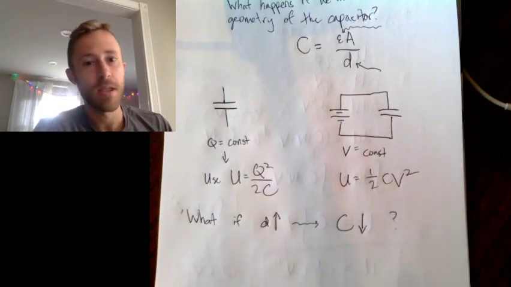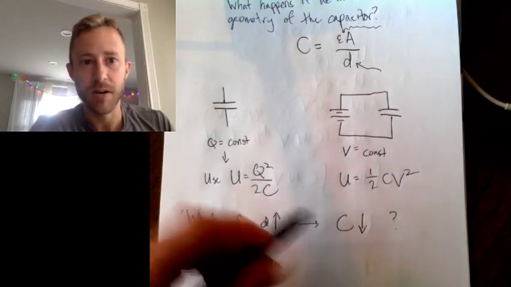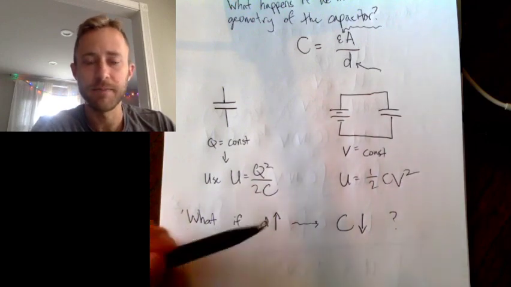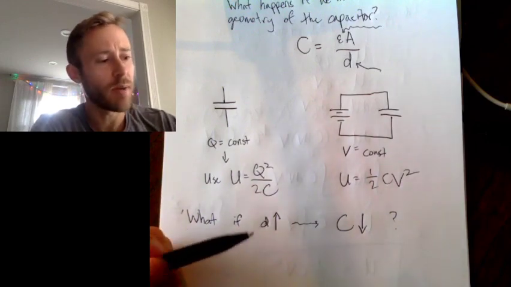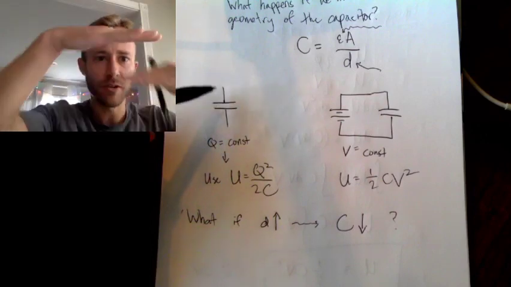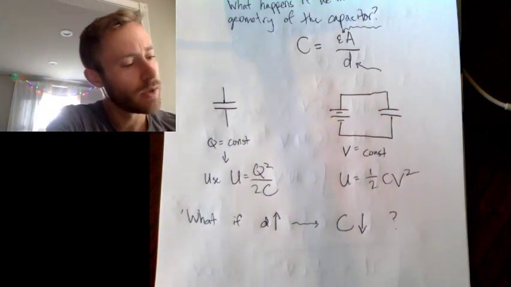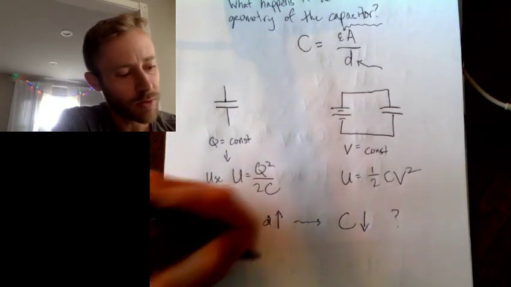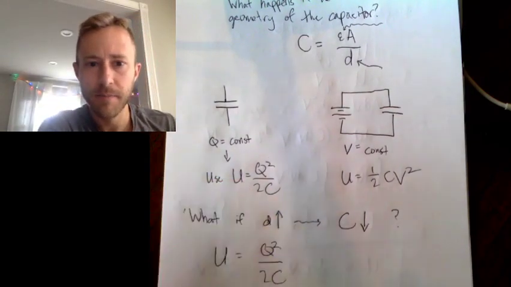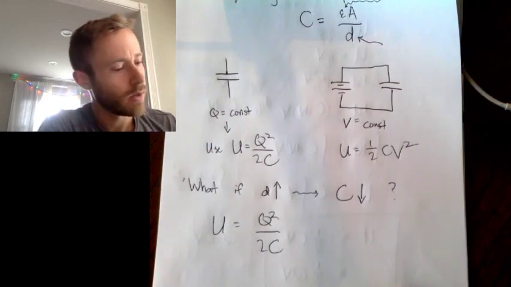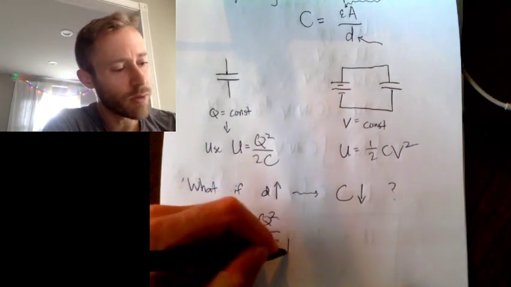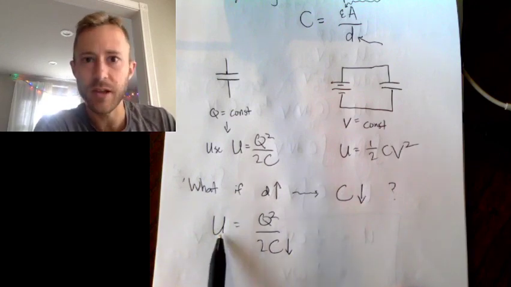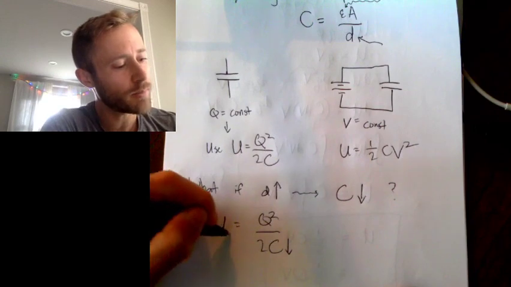Well, it depends on what we've kept fixed on the capacitor plates. If the capacitor is all by itself while we're increasing the distance between the plates, then based on this equation, U equals Q squared over 2C, we've reduced the capacitance, so we've reduced the denominator, which means that the energy would actually go up.